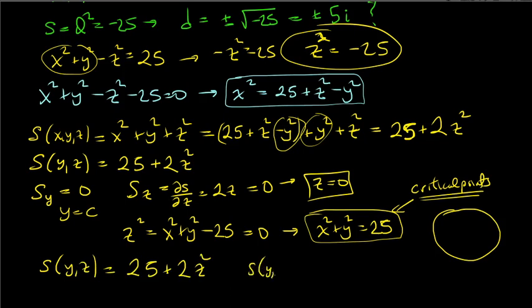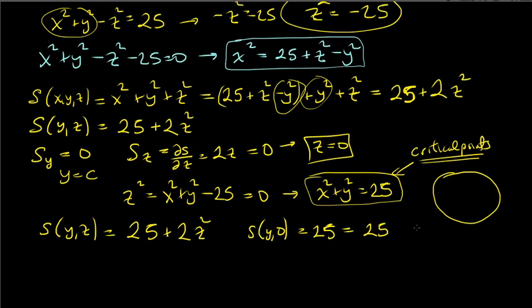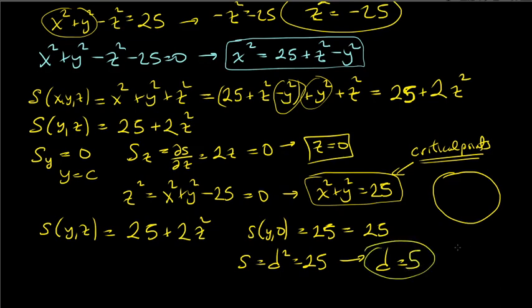But if z is 0, you get 25 plus 0 squared, so you get 25. And remember, that's not the distance from the origin, that's the square of the distance, right? S is d squared. But now d squared is a positive number, so you get d is plus or minus 5. Well, the distance should be positive, right? So we'll ignore the negative 5. Right? So this is the minimum distance.